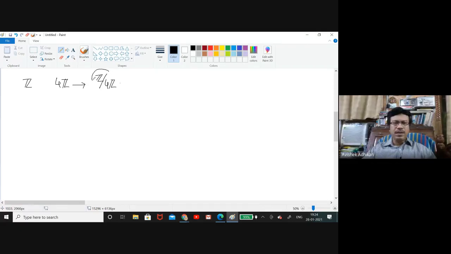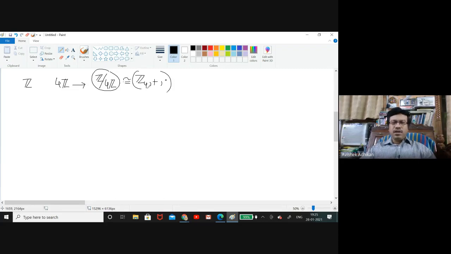Now, is there any advantage of this? Let us try to have a look at this. That part we have already seen. When I talk about isomorphism, homomorphism, etc., then you will find that this is isomorphic to Z4 with plus and dot.